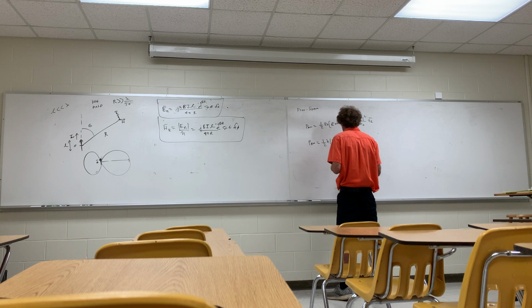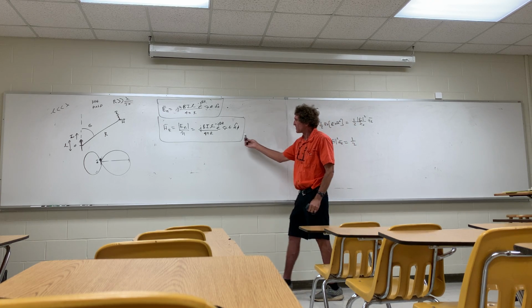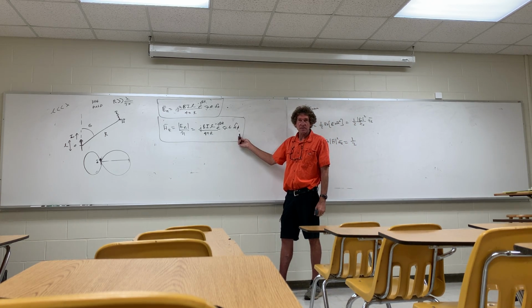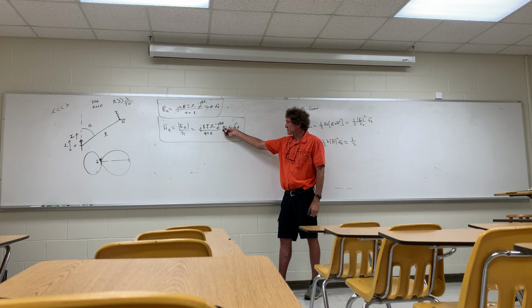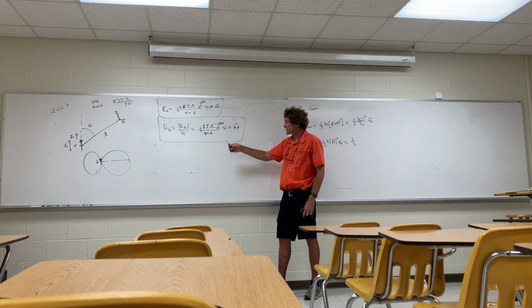If we take the first one, 1/2 magnitude of the E field, well, this is the E field, right? Now look, taking the magnitude of the E field gets rid of the e to the minus j beta R. That's just a phase term. You all follow me? Its magnitude is 1.